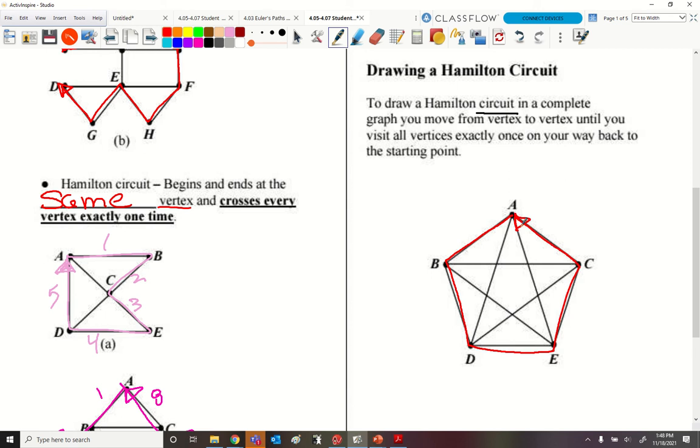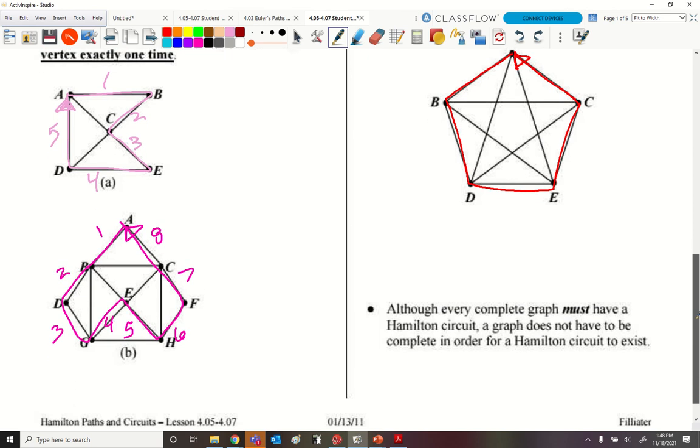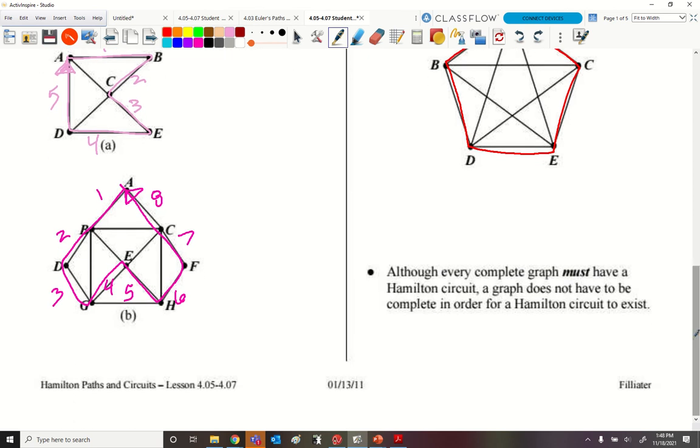Do I have to go through all the sides? No. This one doesn't have to cover all the edges. We could just go straight from one to the other. It says, although every complete graph must have a Hamilton circuit, a graph does not have to be complete. That's important.